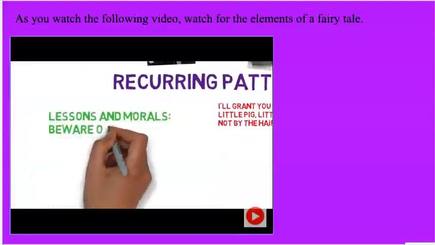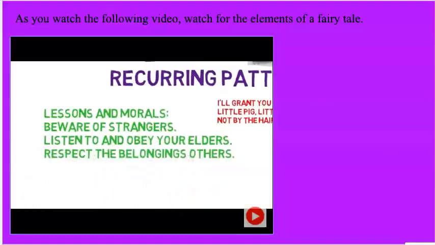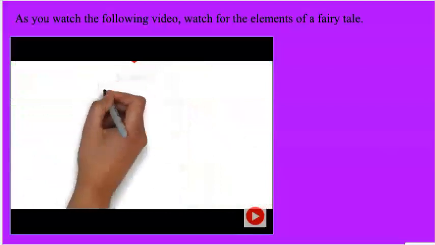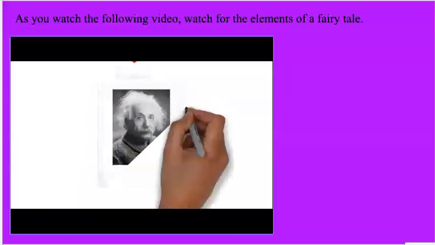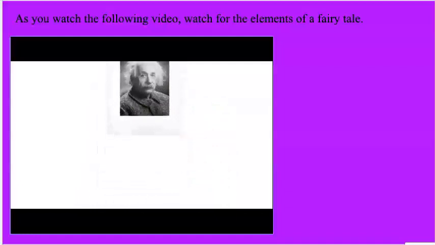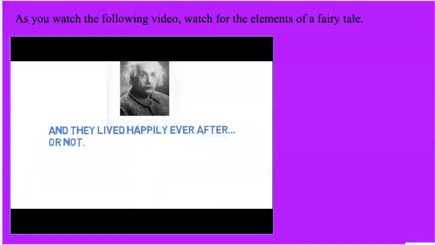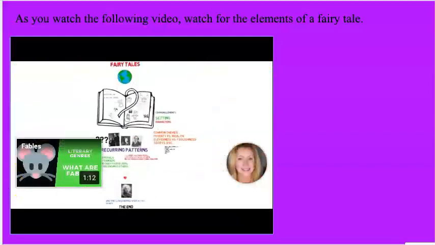And of course, fairy tales teach us lessons and morals. Those lessons and morals unite us in our common culture. So why do we love fairy tales? Because they remind us of us. Albert Einstein said, if you want your children to be intelligent, read them fairy tales. If you want them to be more intelligent, read them more fairy tales. And in fairy tales, they lived happily ever after, but not always.